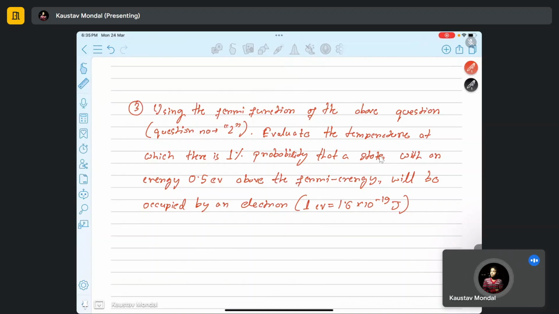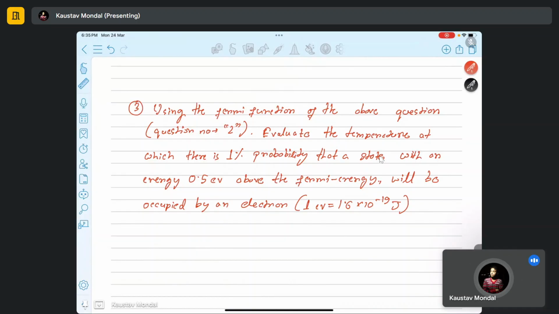So that means the Fermi function would be 1% at a particular energy state, but that is 0.5 volt above the Fermi energy. So that means the energy should rise at a certain temperature.